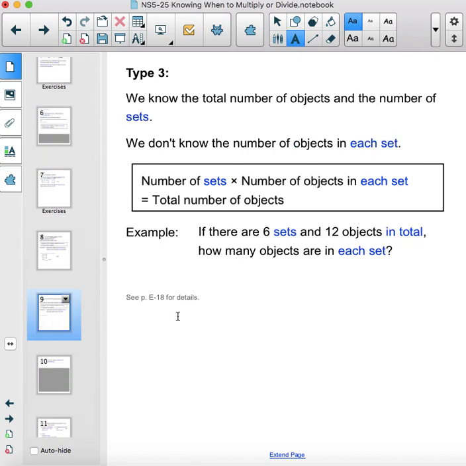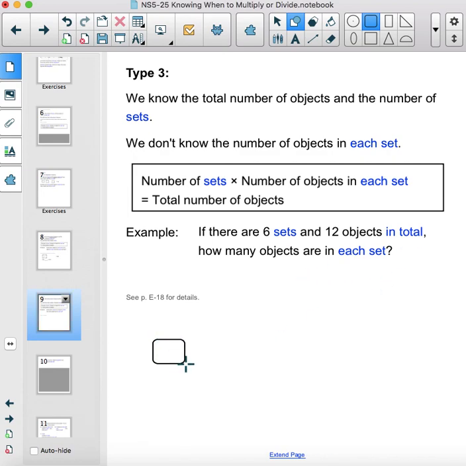And the last type of question that you'll see is this time we know the total number of objects and the number of sets. So that would look like this. We know the total number of objects and the number of sets. So if I was to look at this one, it says if there are 6 sets and 12 objects in total, how many objects in each set?